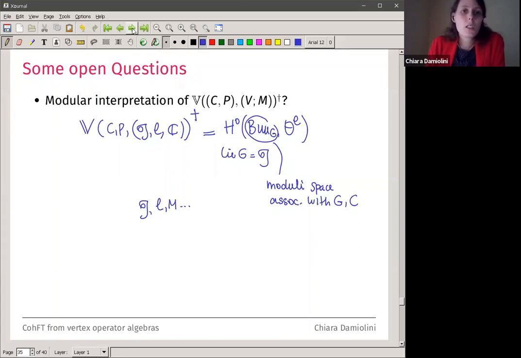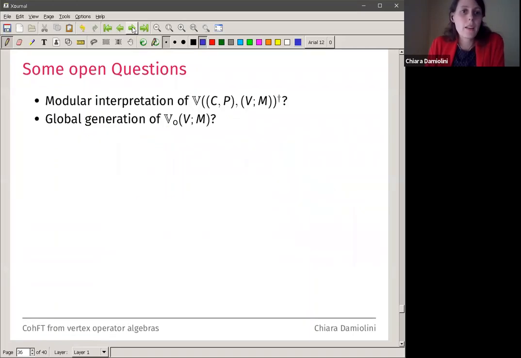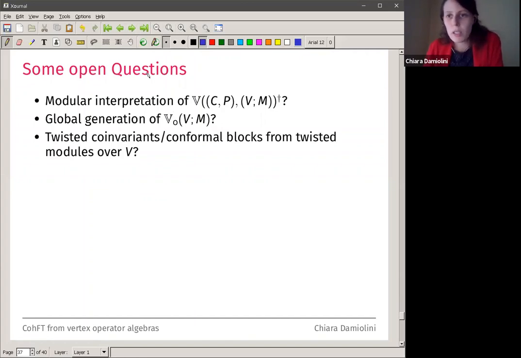And other questions are about other geometric properties that hold in the classical cases. So let's restrict to genus 0. What can we say more about these spaces? And a twisted version of it. So we know that we can construct twisted coinvariants.